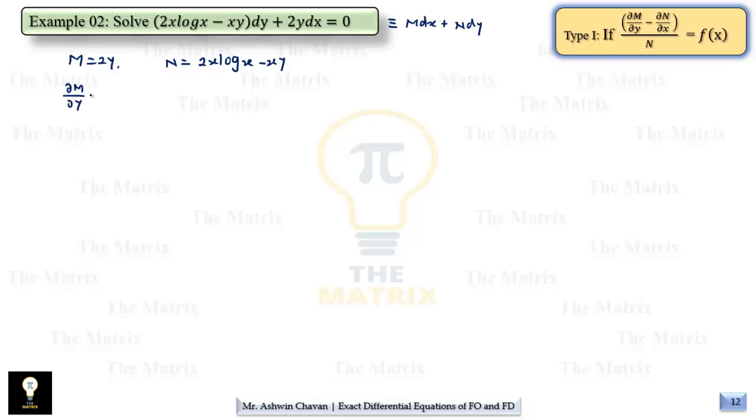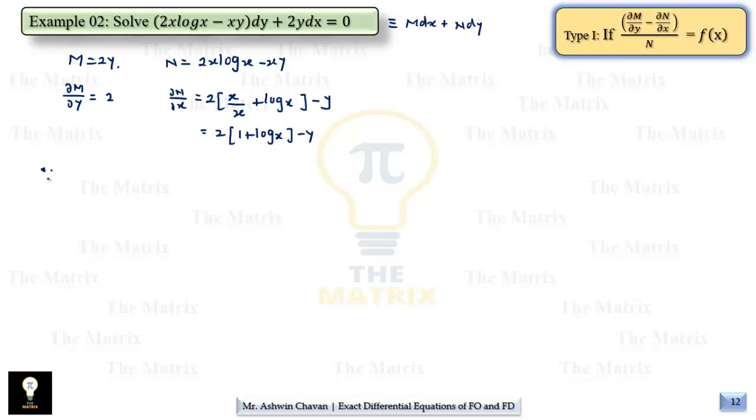For that we need two derivatives: M with respect to y, which is 2, and N with respect to x, that is 2 into x log x, in u into v form. So x as it is, the derivative of log x is 1/x, plus log x as it is, the derivative of x is 1, minus y. So this gives us 2(1 + log x) - y.